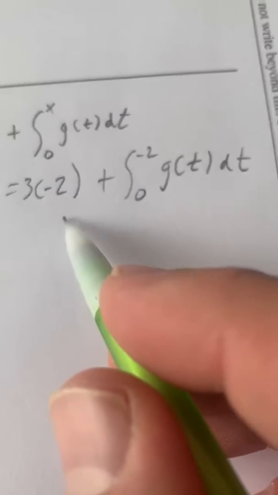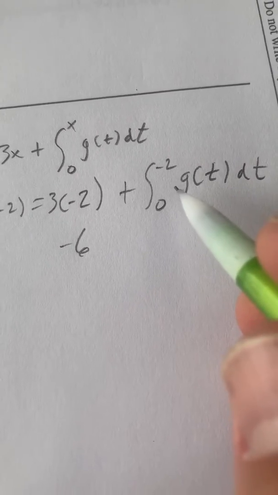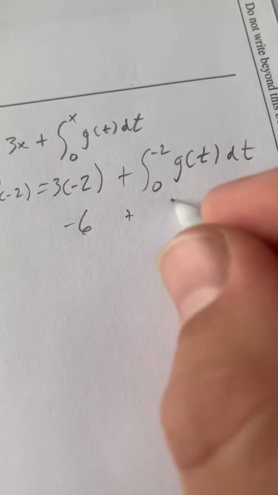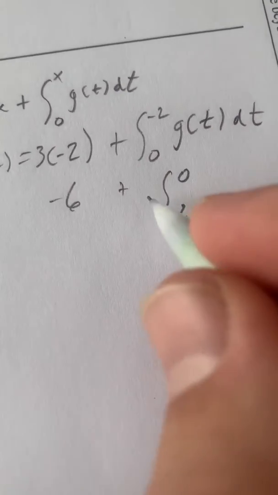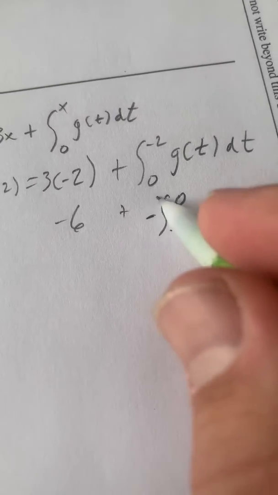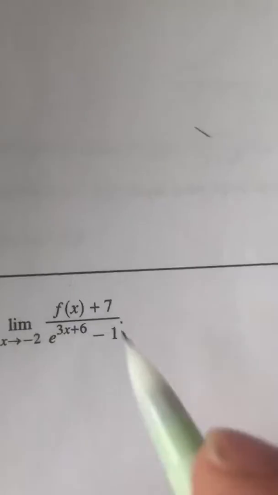So obviously this is a -6. This one I would want to flip around. So if I go back and look at the picture, if I go from -2 to 0, I can't do that without consequence, so I'll go like this. Well, this quantity here is equal to 1, so with a negative in front of it, I get a -7. So if I go back here, that -7's there, so I get a 0.